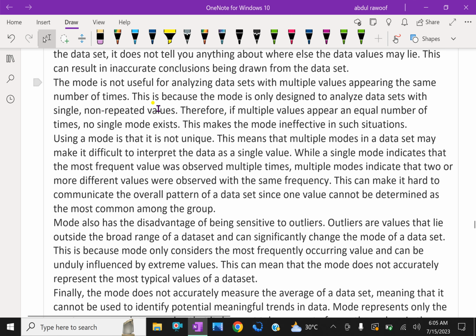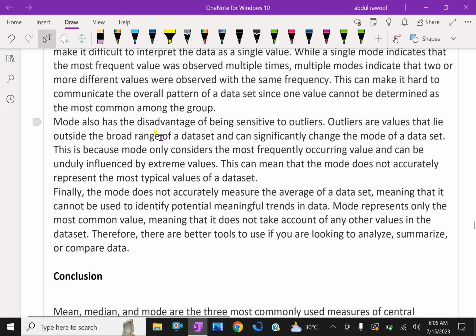The mode is not useful for analyzing data sets with multiple values appearing the same number of times. This is because the mode is only designed to analyze data sets with single non-repeated values. Mode also has the disadvantage of being sensitive to outliers.